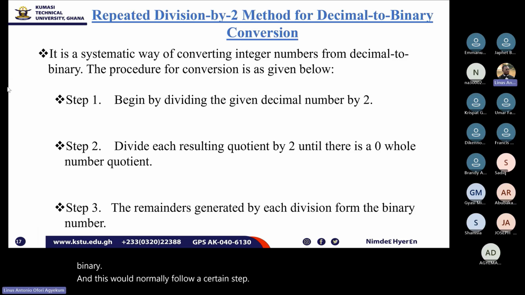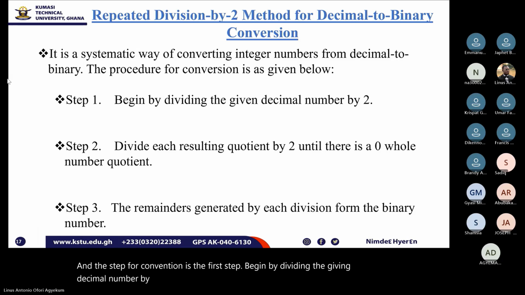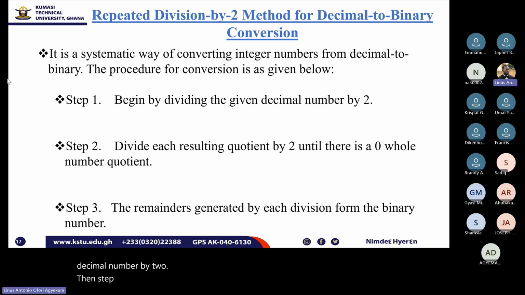And the steps for conversion: the first step, begin by dividing the given decimal number by 2. Then step 2, you divide each resulting quotient also by 2 until there is a 0 whole number quotient.